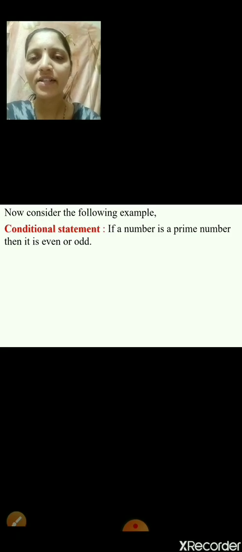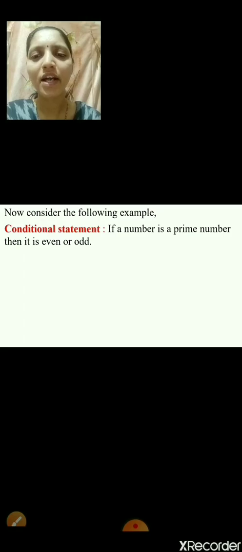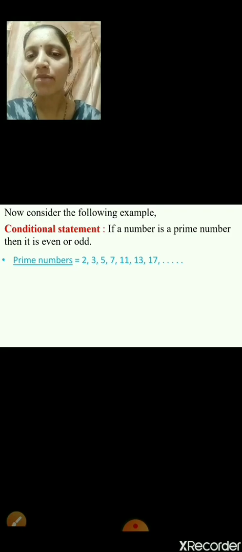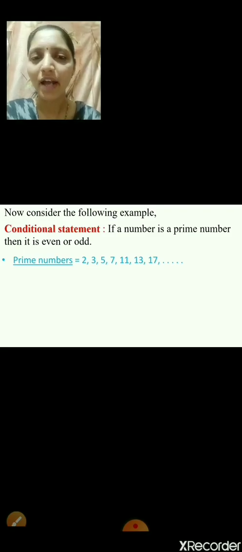Now let's take one more example. If a number is a prime number, then it is even or odd. That means if you are having any prime number, then that prime number can be even or can be odd. Let's see what are the prime numbers. Prime numbers are those which don't have any other divisor other than that number and 1.